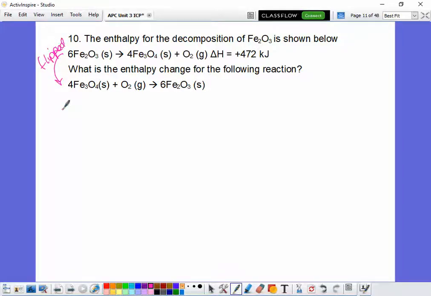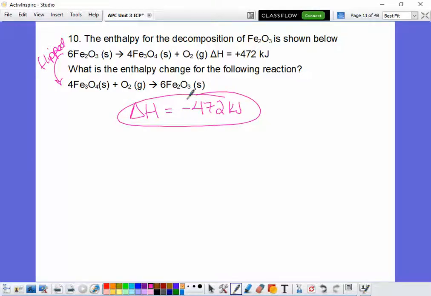If the decomposition of Fe2O3 requires 472 kilojoules of energy, then the formation of Fe2O3 would do what? It would release 472 kilojoules of energy. So my delta H for this second reaction is what? Negative 472 kilojoules. Okay?